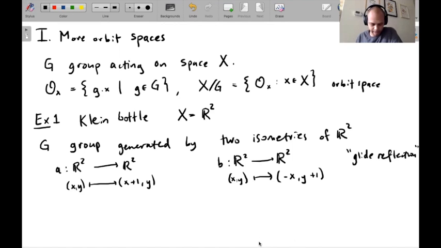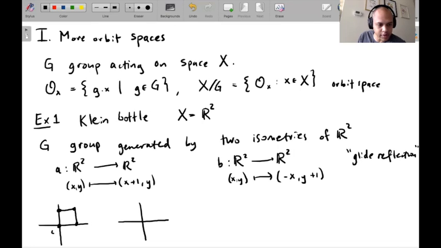Let me draw a little picture for how you can visualize these isometries. So draw R2 like this, and let's just consider what A does to the unit square.